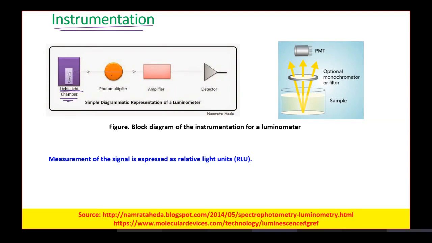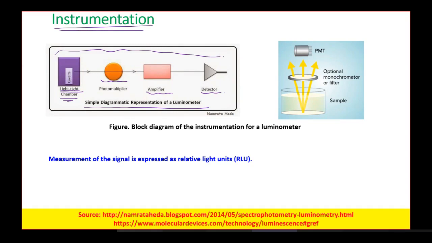Then you collect the information, you get the photomultiplier, you have the amplifier, and then you have the detector over there, and you detect the signal. So this is a simple diagrammatic representation of a luminometer. These are the basic components.